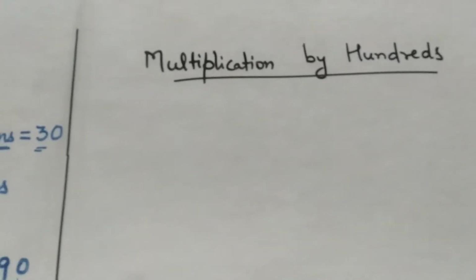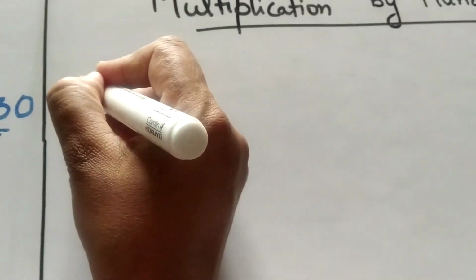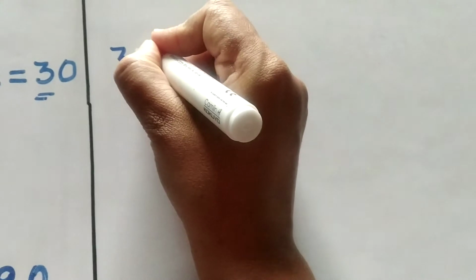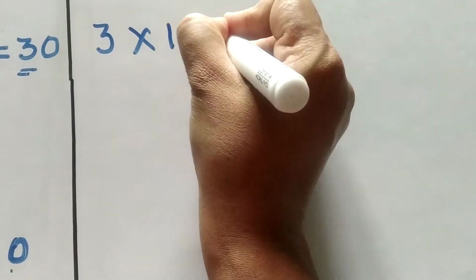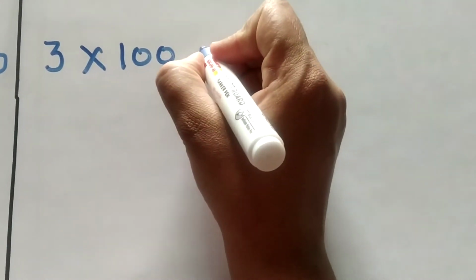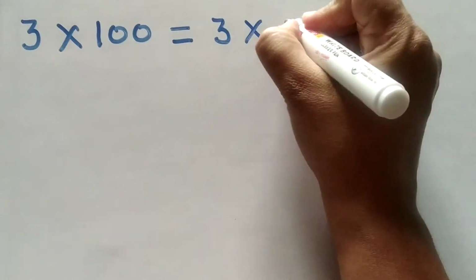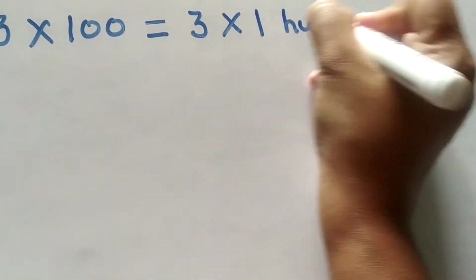Now similarly, we are going to learn how to multiply by hundreds. Let's take the same number 3 and multiply by 100. So it becomes 3 into 100.